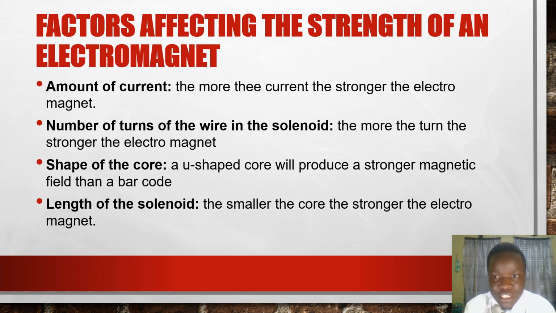Factors affecting the strength of an electromagnet. There are four factors that may affect the strength of an electromagnet. The first one is amount of current. The more the current, the stronger the electromagnet. When you increase the current of the source, maybe you are using one battery and you increase to 3.